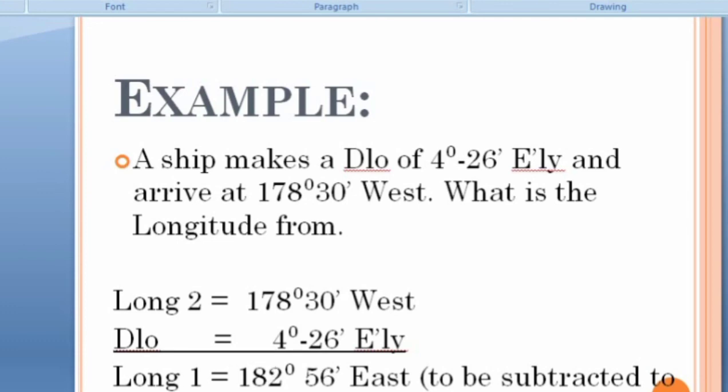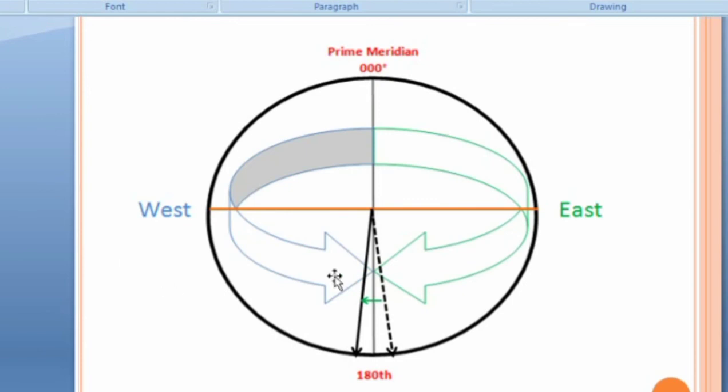That's why we have 177 degrees 04 minutes. All right, so since we have this given, we have 178 degrees west longitude of arrival. So this is where we arrive.